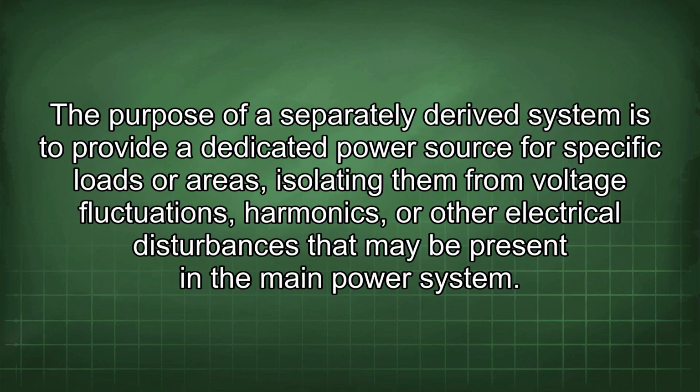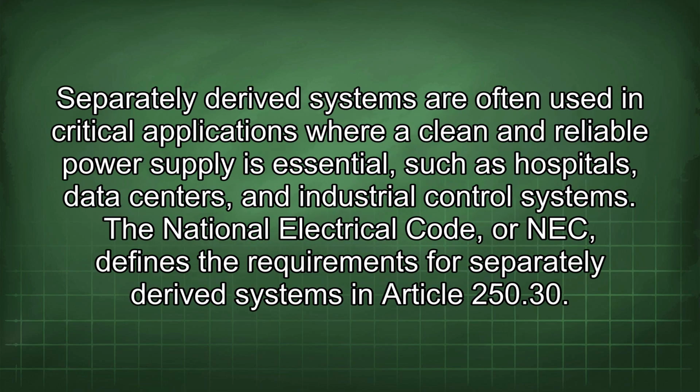The purpose of a separately derived system is to provide a dedicated power source for specific loads or areas, isolating them from voltage fluctuations, harmonics, or other electrical disturbances that may be present in the main power system. Separately derived systems are often used in critical applications where a clean and reliable power supply is essential, such as hospitals, data centers, and industrial control systems.